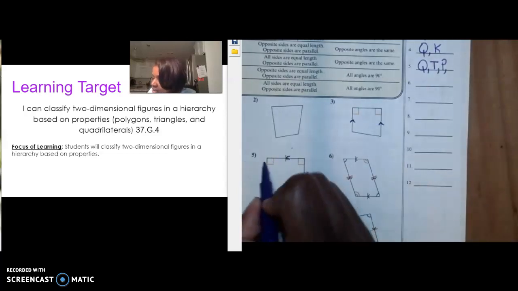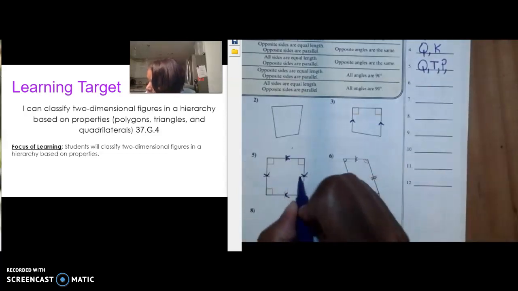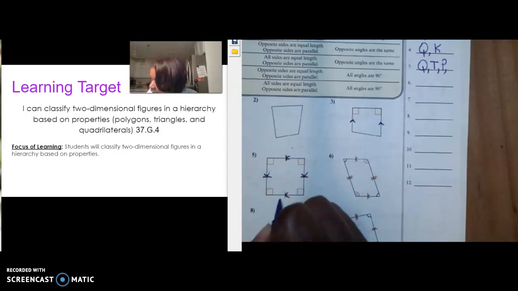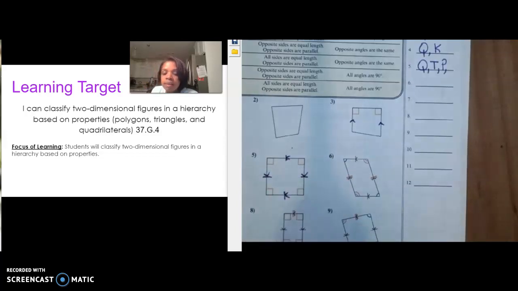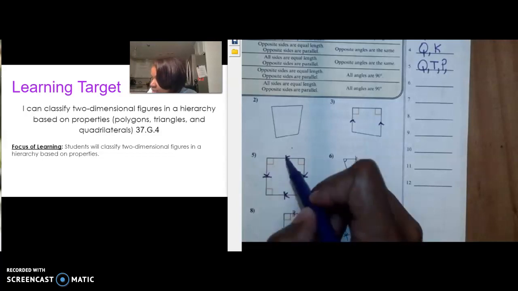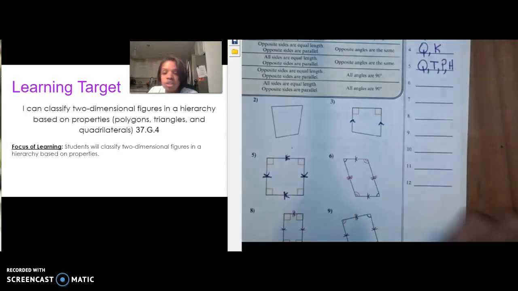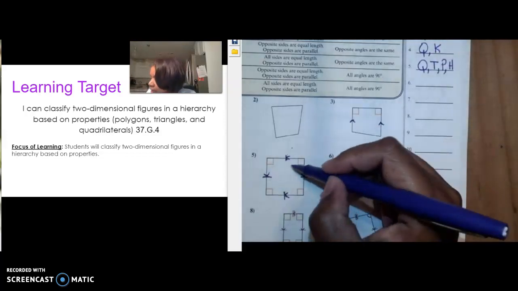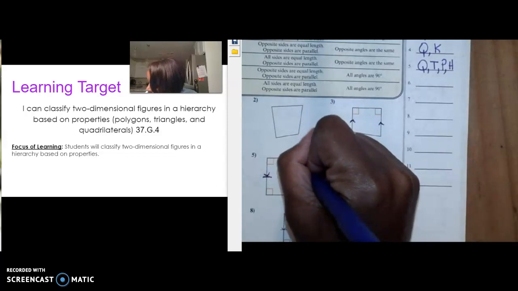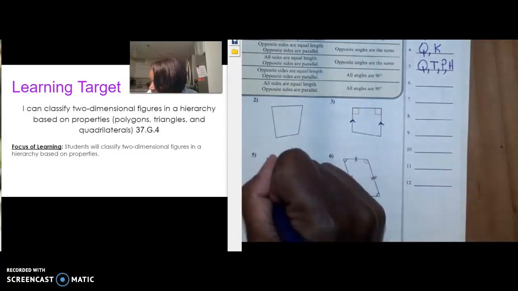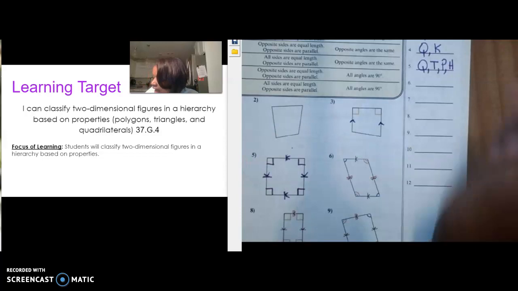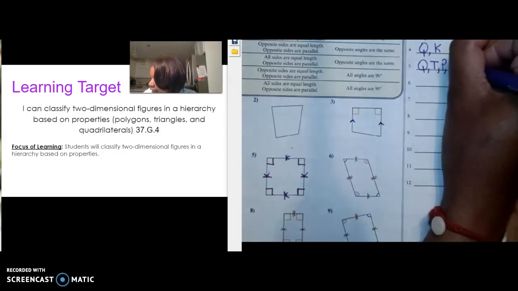And then it has also 4 congruent sides. These little tick marks here let me know that this side is congruent to this side, and that side's congruent to that side. So it is a rhombus, and remember H is for rhombus. And then I noticed that it has 4 right angles. So a rectangle has 4 right angles.